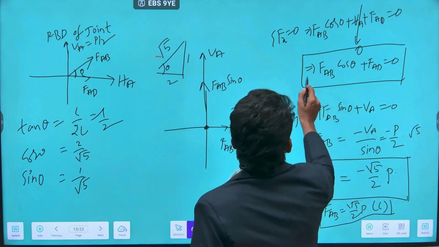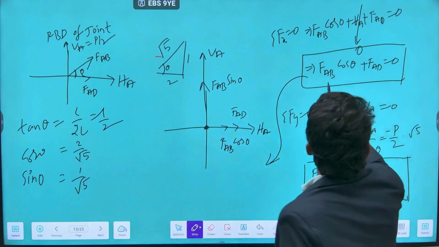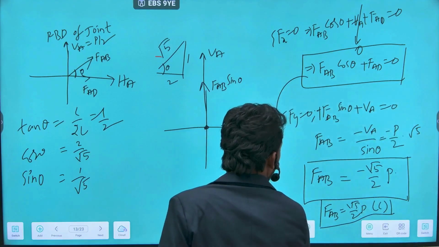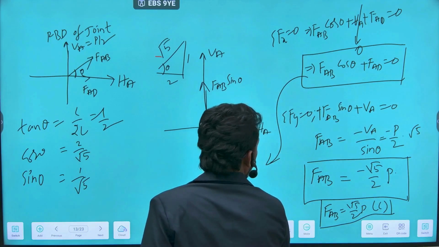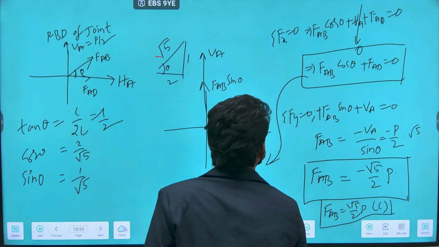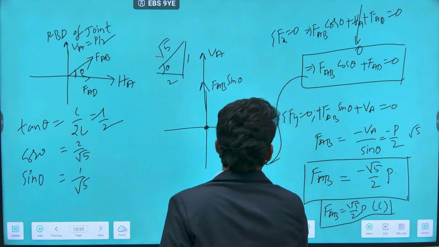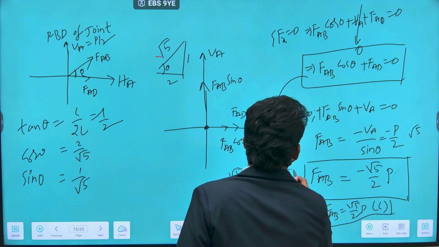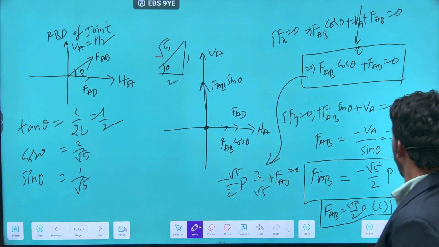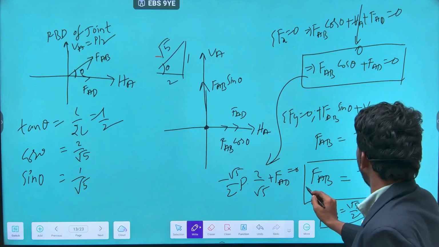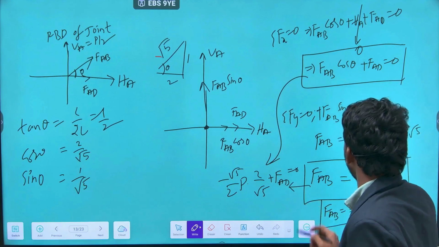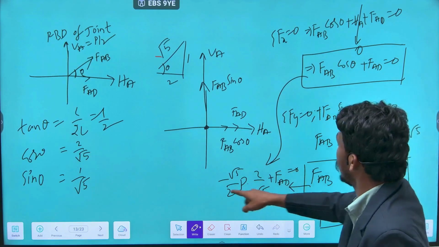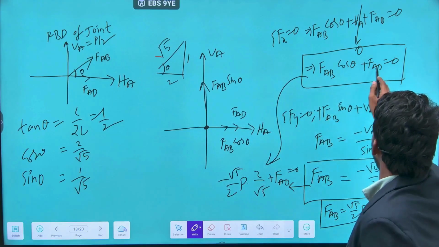Now from this equation, since I know FAB, I'll get FAD. FAB is minus root 5 by 2 P, cos theta is 2 by root 5, then plus FAD equals 0.